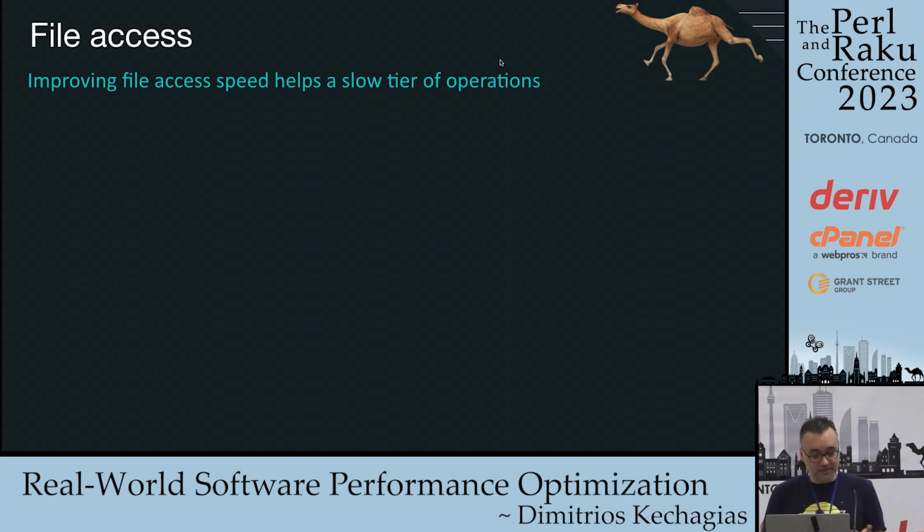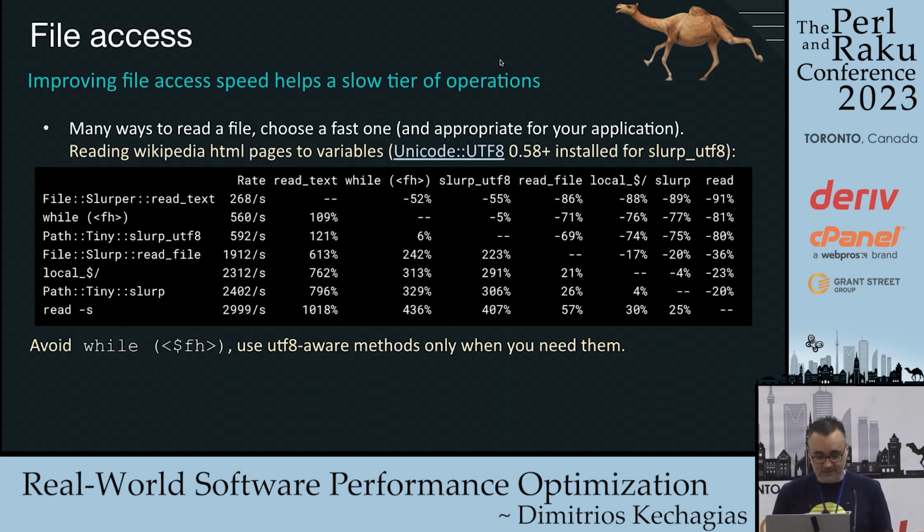Another slow tier we said is file access. So try to improve your file access when reading a file. There are many ways to do it, and I benchmarked a few for you for opening Wikipedia HTML pages.